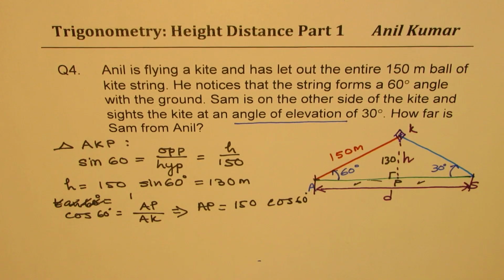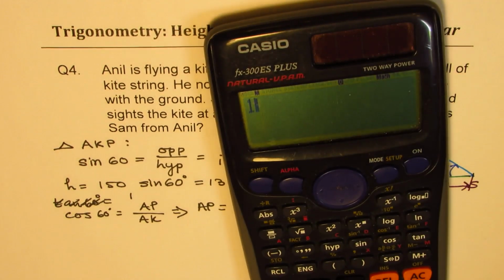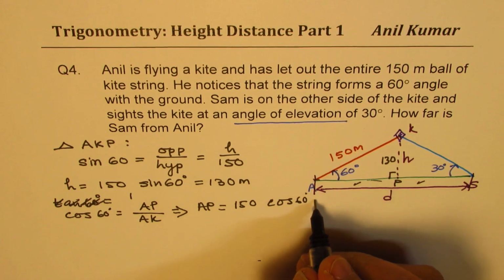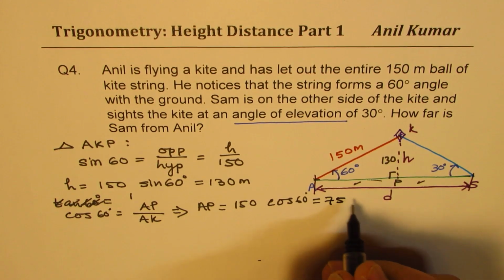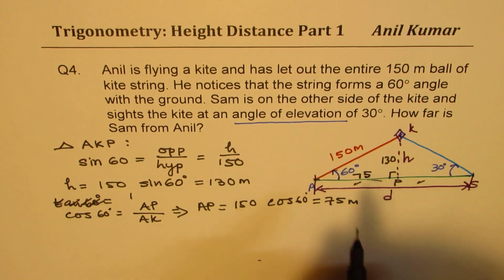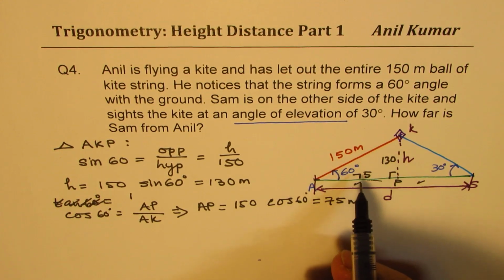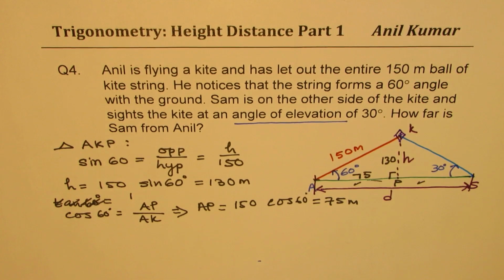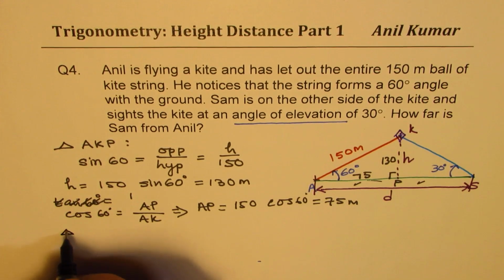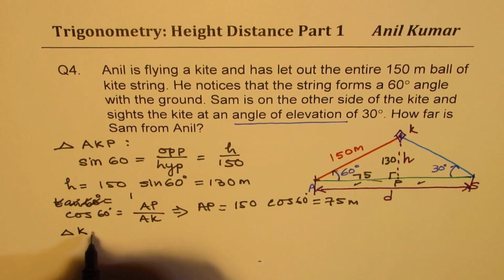So let's find this. 150 times cos of 60 degrees is equal to 75, right? So we get this value as 75 meters. This distance here is 75. We solved this using cosine ratio. Perfect.